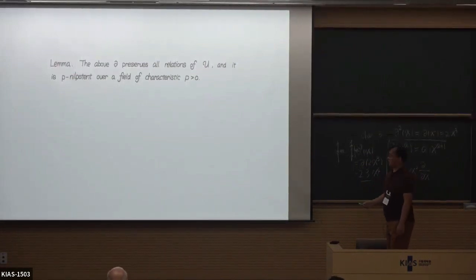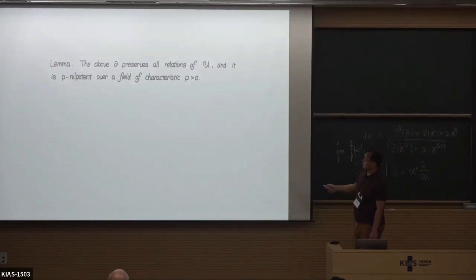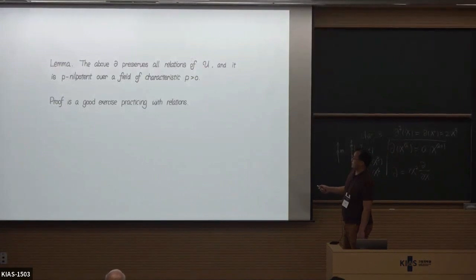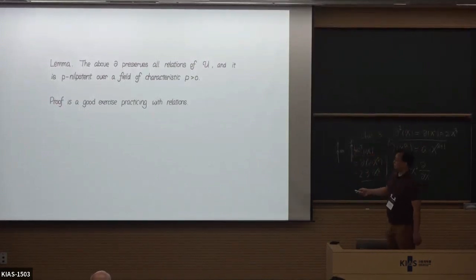You can do this integrally, but for simplicity, let's just work over a field of characteristic P. I can leave this lemma to you as an exercise. It's not very difficult, it's just practicing all the relations. It's a finite list of relations that you need to check, that the differential actually preserves these relations.